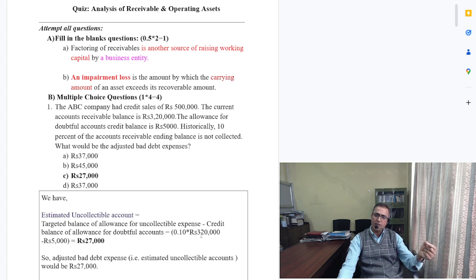So 10% of 3,20,000 is your targeted balance, while actually we have a credit balance of 5,000, and the credit balance happens when you overestimate the probable bad debt, friends. So the estimated uncollectible amount is 27,000, and this 27,000 is the right answer.